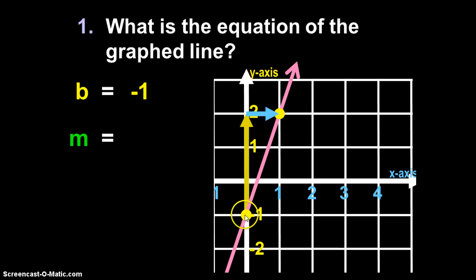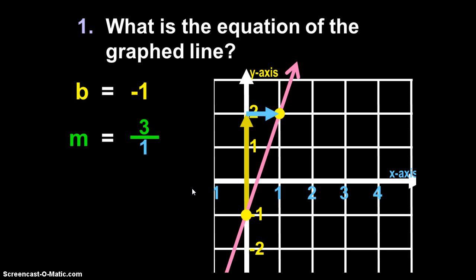Whenever the line touches the y-axis, that is the y-intercept, -1. And our slope is 3 up, 1, 2, 3, and 1 point to the right. Both of them are positive. Whenever we have a negative number in here, either this goes down or this goes to the left. That's when we will have negative numbers.